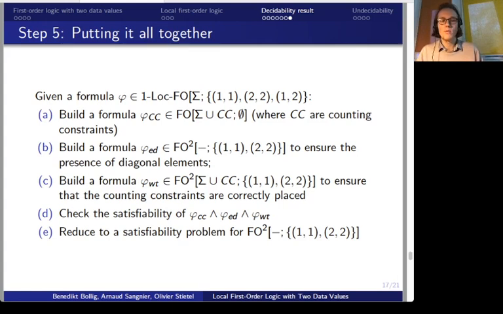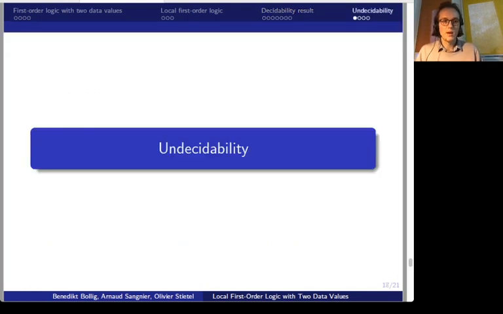We build a formula phi wt to ensure that the counting constraints are correctly placed. And to check the satisfiability of phi, we check the satisfiability of the conjunction of the three formulas. And this is possible because we already know that checking the satisfiability for FO2 is decidable. So that was the satisfiability part.